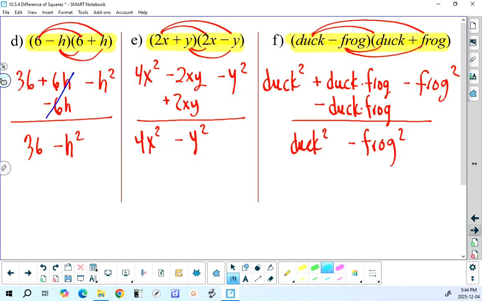If I highlight the answers here, we get two terms. We get two terms. We get two terms. And we get a difference of them. So it's 36 minus h squared. It's 4x squared minus y squared. It's duck squared minus frog squared.